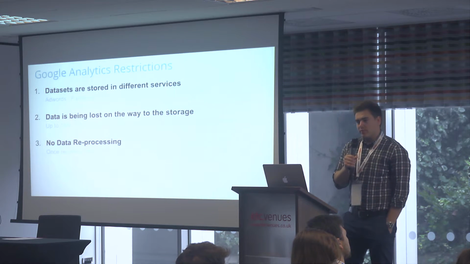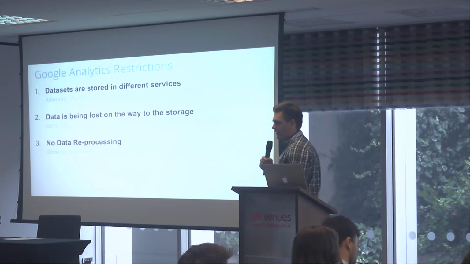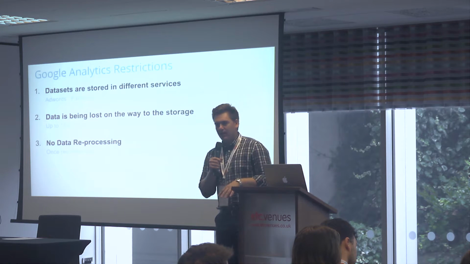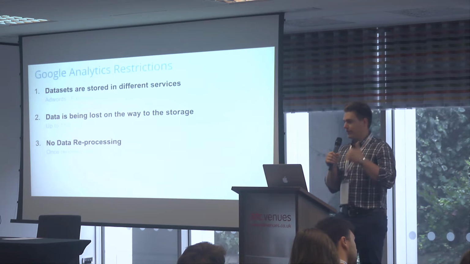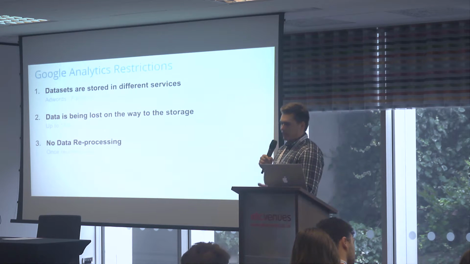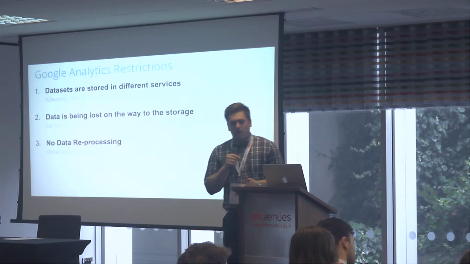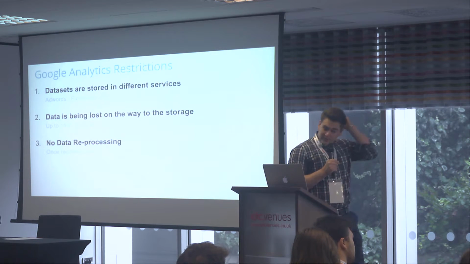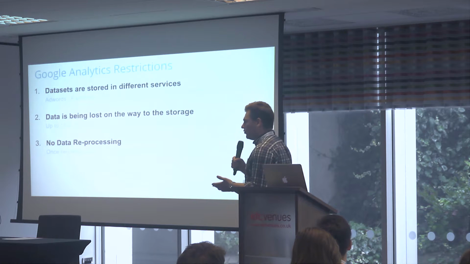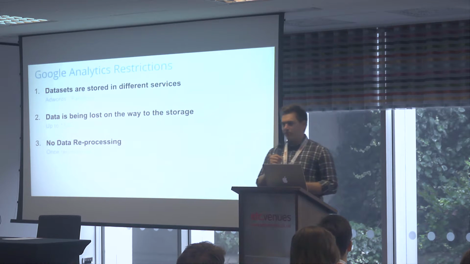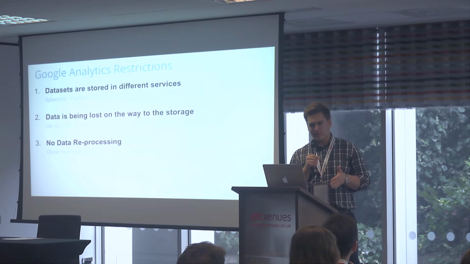There is no data reprocessing in GA. It means that once you have recorded a transaction and then you realize that you canceled it because the user refused to pay for the product, or they bought something else, or you changed the order via the phone, and you need to reflect it in GA, all you can do is send a refund. But a refund doesn't change the original transaction.